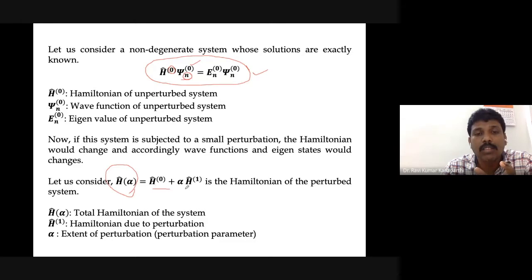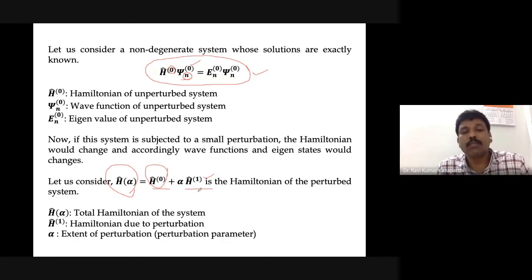This is the unperturbed system Hamiltonian plus alpha times H1. What is 1? 1 indicates that it is a perturbed Hamiltonian. Okay, there should be some kind of distinction between the perturbed and unperturbed Hamiltonian, right?